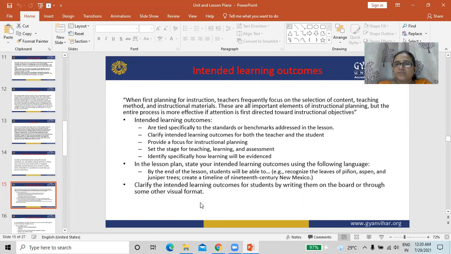So these are examples, or we can say the student will be able to know the meaning of lesson plan or unit plan. This is a live example. Or clarify the intended learning outcomes for students by writing them on the board or through some other visual format.